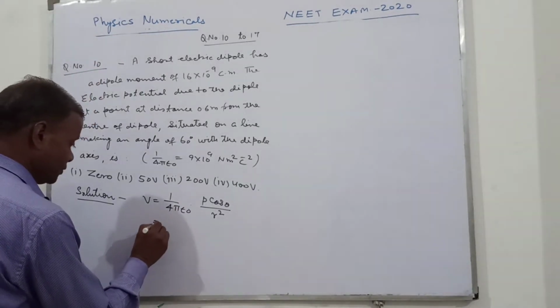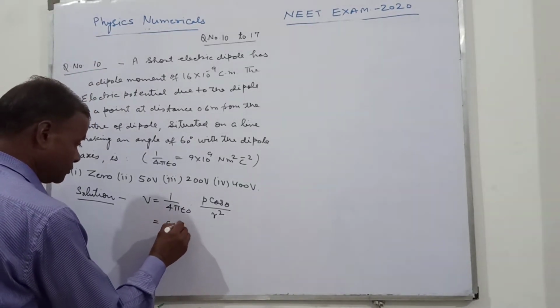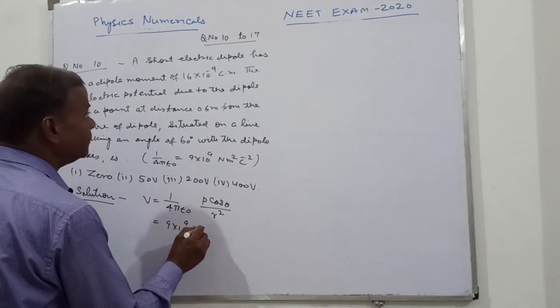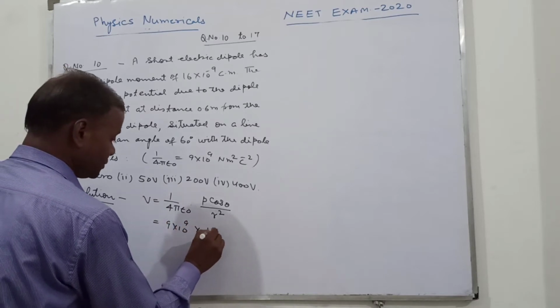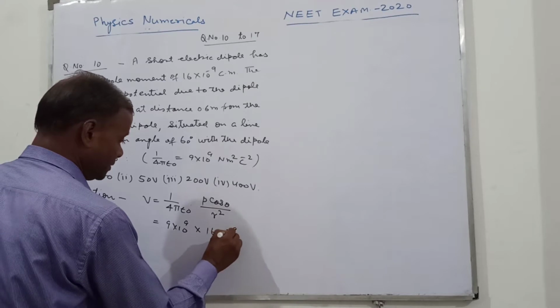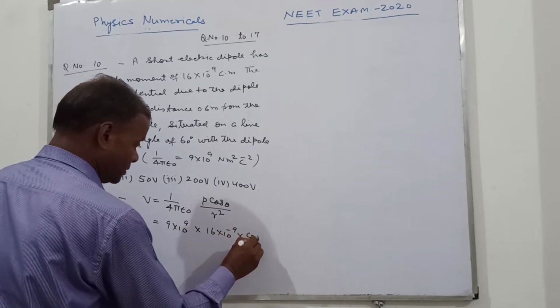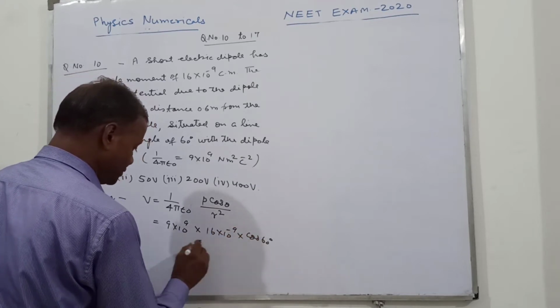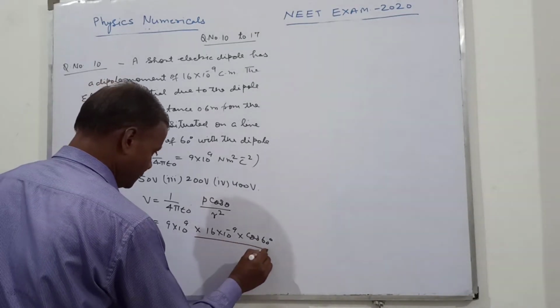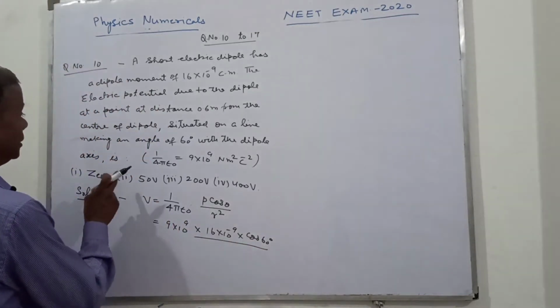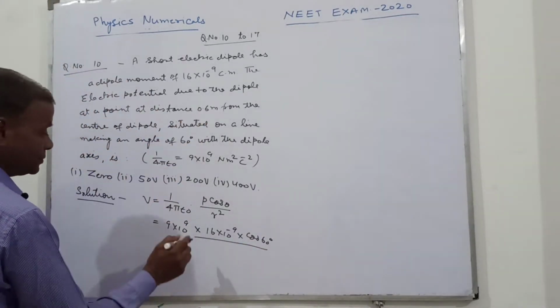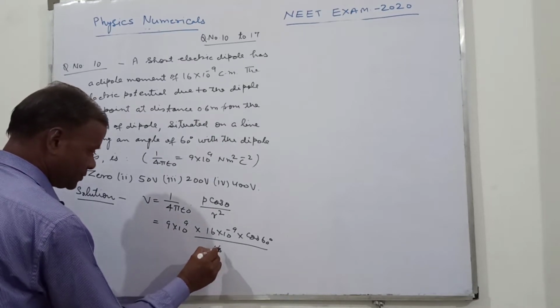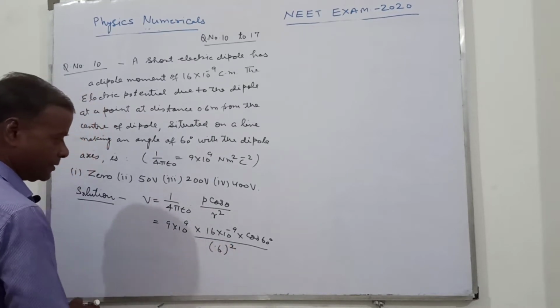So this is 9 into 10 raised to the power 9, P is 16 into 10 raised to the power minus 9, and this is cos 60 upon R square. R is given to be 0.6, so this is 0.6 whole square.